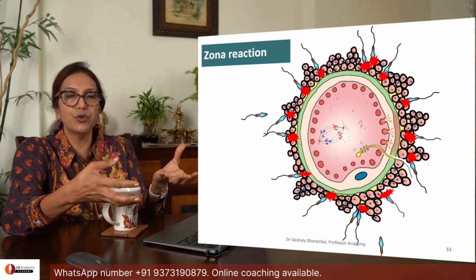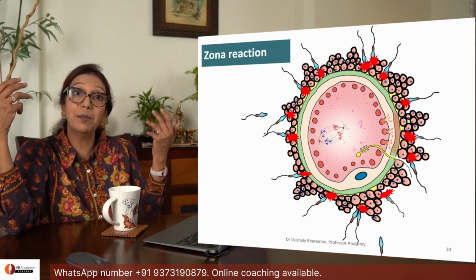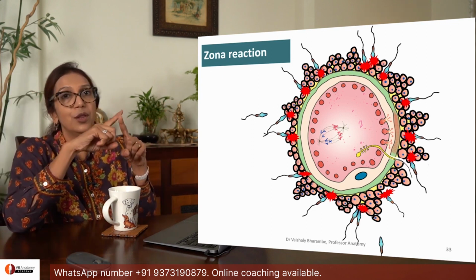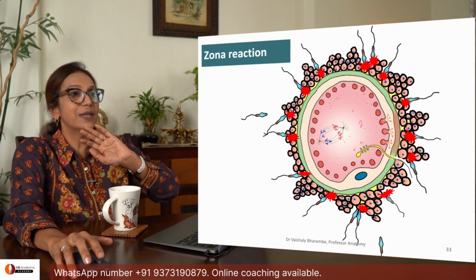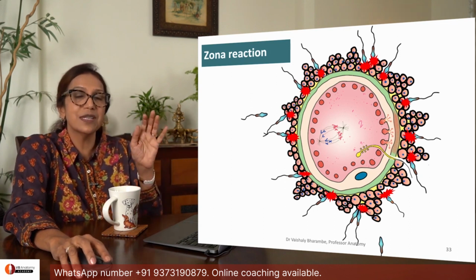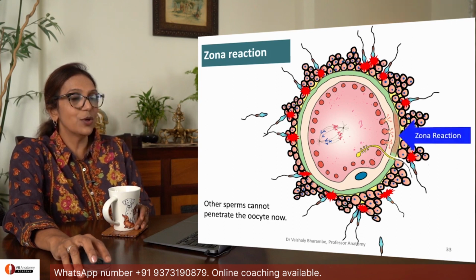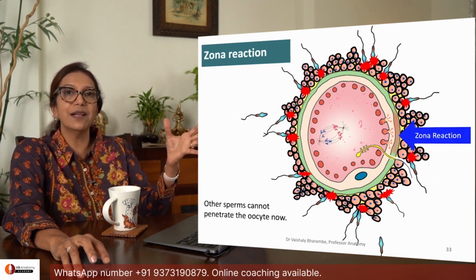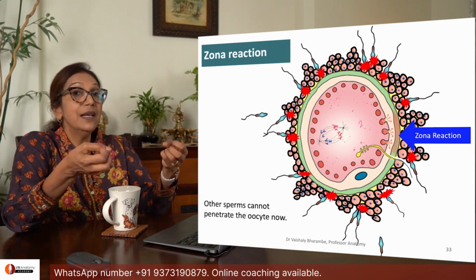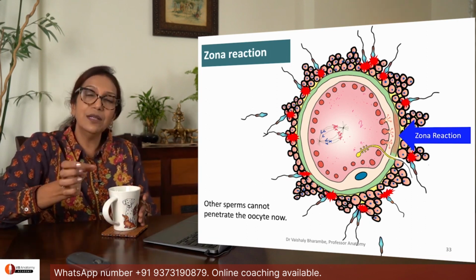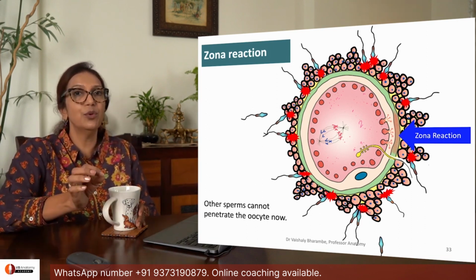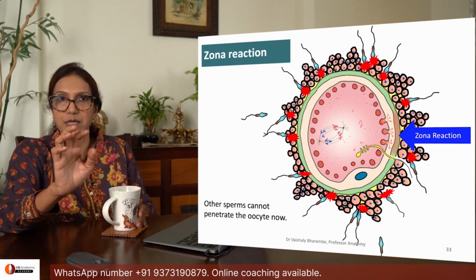So the progeny will have 24 multiplied by 3 number of chromosomes. Not acceptable, isn't it? So this is prevented by this process called Zona reaction. What is it? This process is release of cortical granules, material in the cortical granules, causing the Zona Pellucida to become impermeable to other sperms.